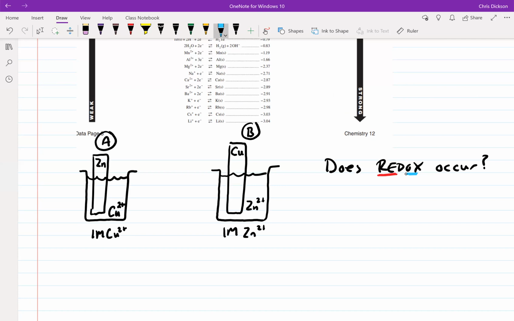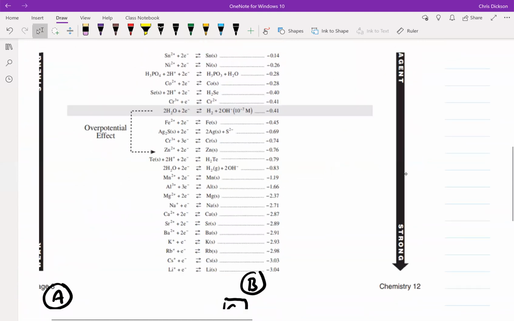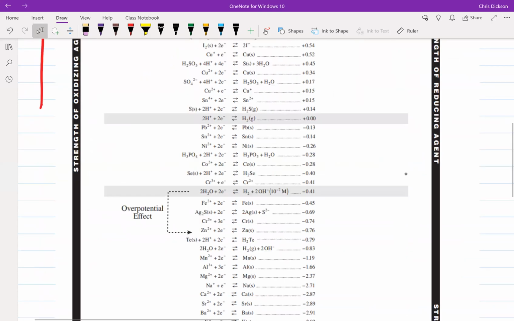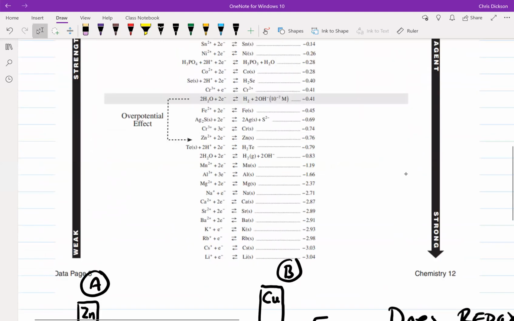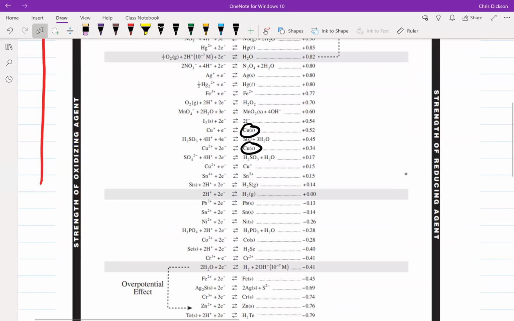So I'm going to scroll up the data table and find these chemicals on here. Shrink it down a bit. And so in beaker A, we had copper 2 plus. Well, actually, sorry, let's do beaker A first.